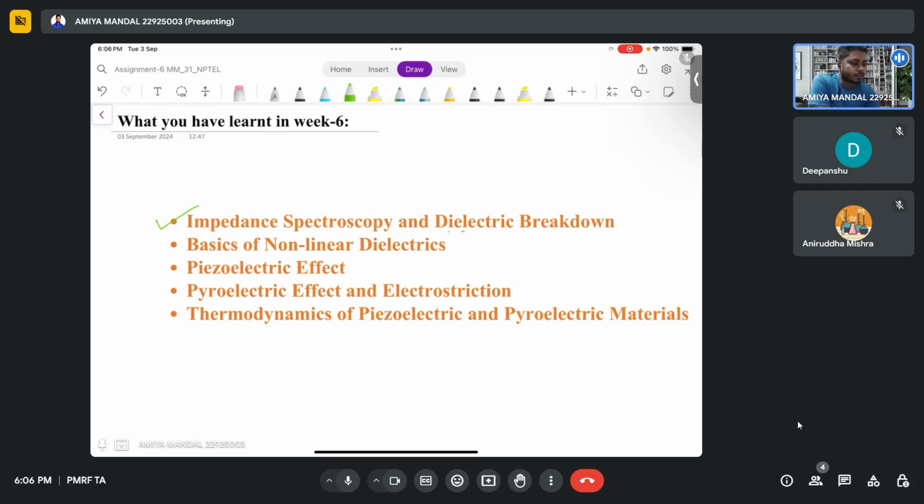Next, basics of nonlinear dielectrics. In week 5, you learned about linear and nonlinear dielectrics, the difference between them, and how the nonlinear dielectric concept arose. The concept arose because of the nonlinear variation of polarization with respect to electric field, temperature, or other external forces.